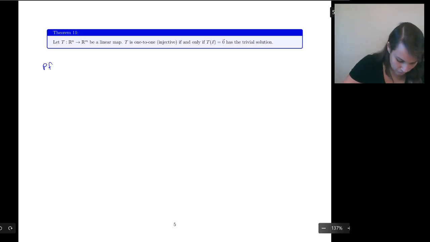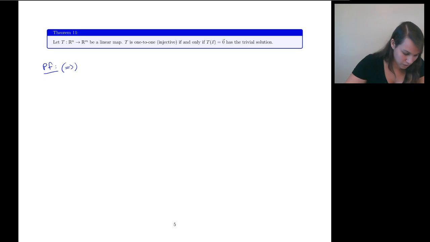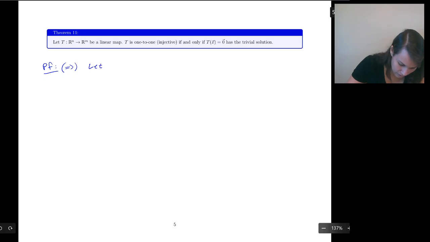So proof. And we're going to go in this direction first. So that means that we get to suppose, let T be one-to-one, and we're going to say that T of x equals 0.